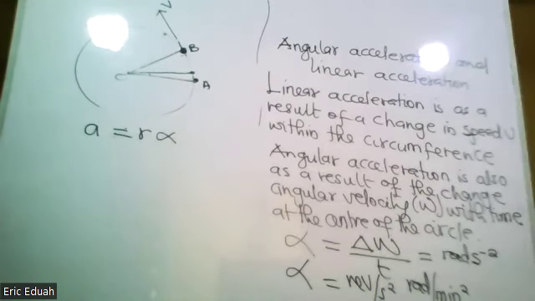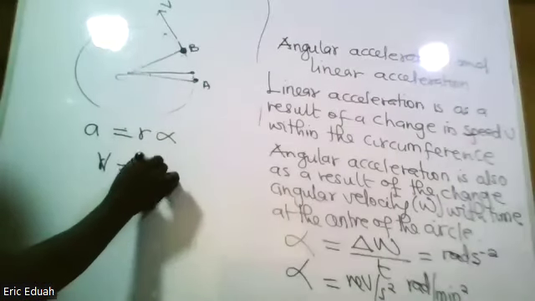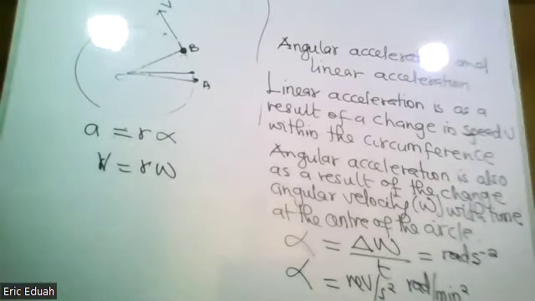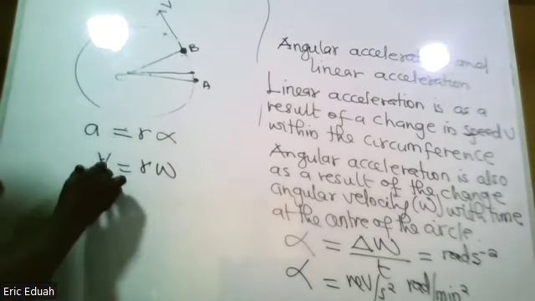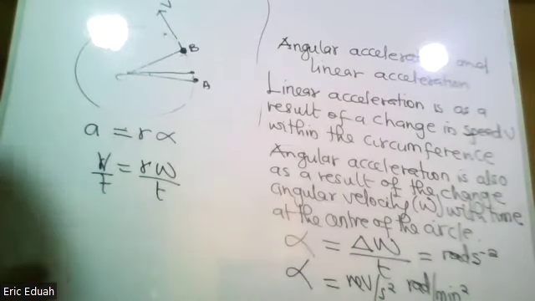So they are the first relation. A is equal to R; V, the linear velocity, is equal to R times angular velocity, with respect to time. So V over T is equal to R omega over T. Okay, thank you.